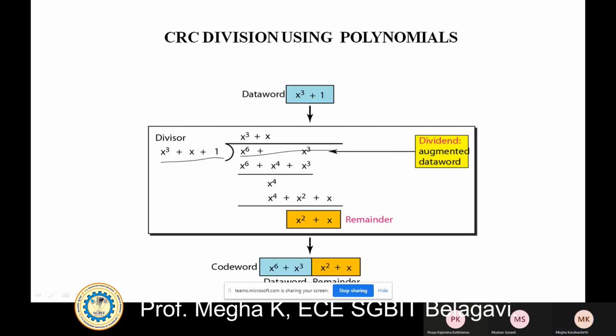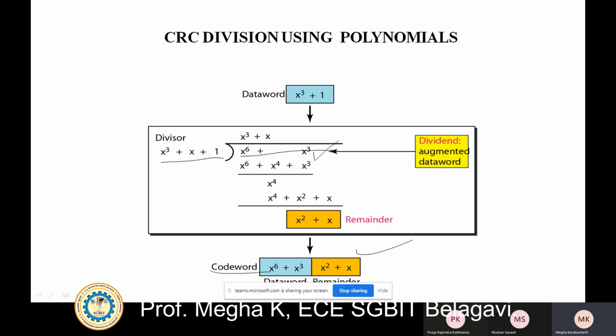So x cube plus x raised to 6 plus x cube is the dividend here, and the divisor is the generator polynomial. Once again similar operations are performed, and finally we will get the data word remainder, and I'll add that to it, and then we'll get the code word.